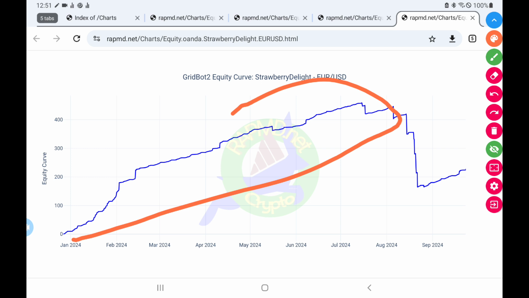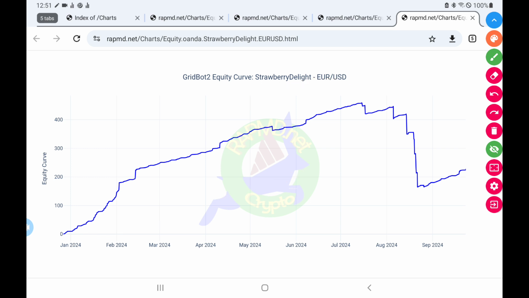It's still too aggressive because we still have these cascading losses. But they're not like the last account. This account is still about $180 above its actual zero balance line or initial budget. So overall, this account is successful. It's not as successful as French vanilla, but it is successful.